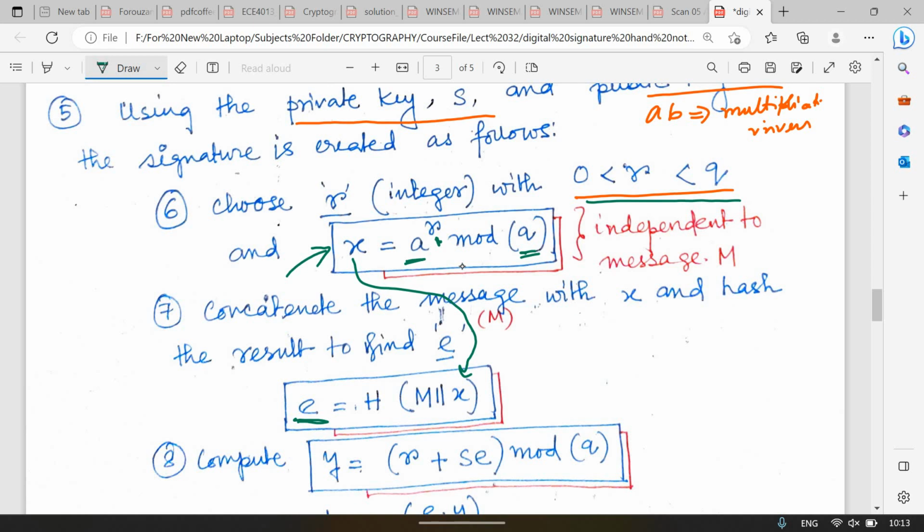Here they are represented as E and Y. So S1 is equivalent to E, and S2 is almost equivalent to Y. The same two parts of the signature are there, and that helps in improving the security of the signature, because we are not sending the whole signature at once like RSA was doing. So compared to RSA, Elgamal is improved. Compared to Elgamal, this is more improved because here the message dependency is reduced.